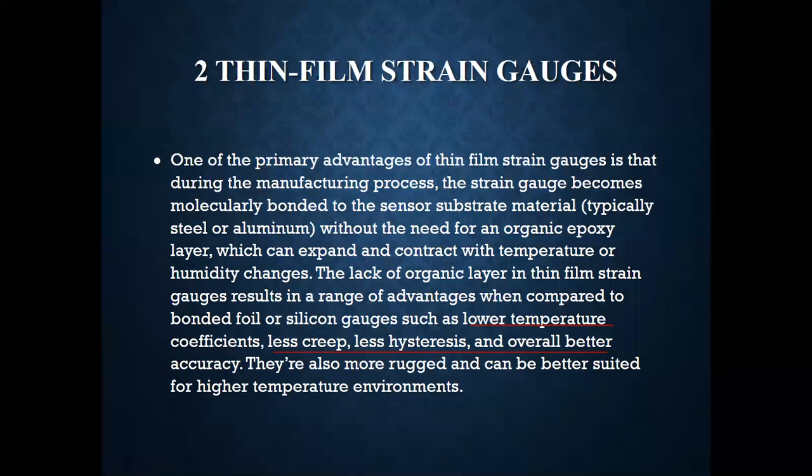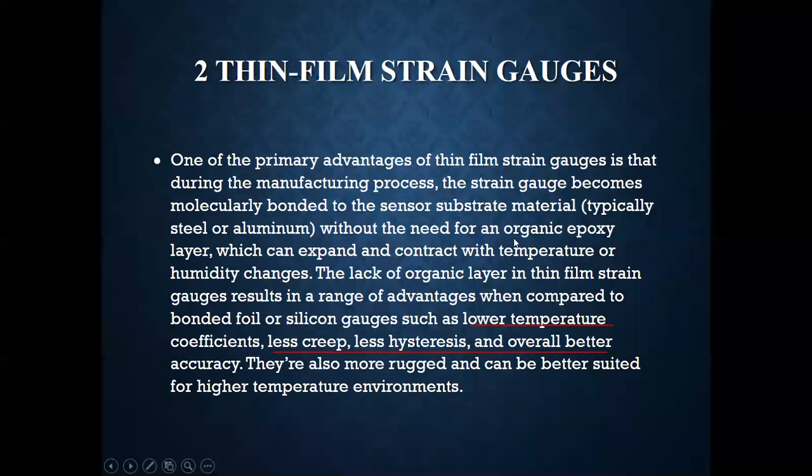And then the next one is the thin film strain gauge. In thin film strain gauge, we are using foils, an advanced type of strain gauge. The advantage of the thin film strain gauge is that during manufacturing, the strain gauge becomes molecularly bonded to the sensor substrate material, so there is no need of any organic epoxy.